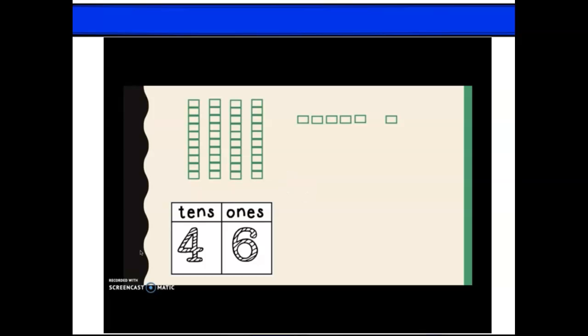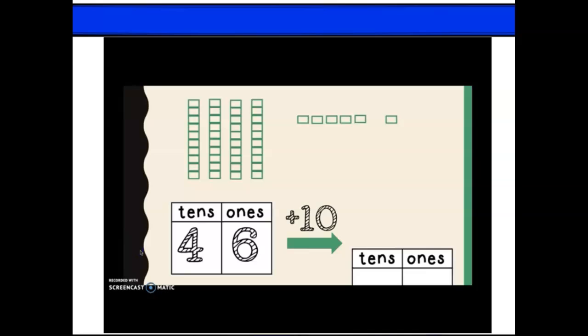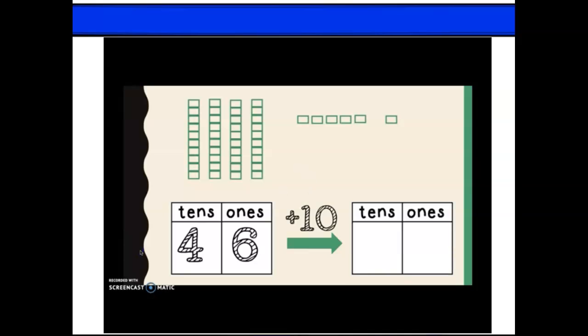Now we've been adding 1 more. This time we're going to get a little wild and we're going to add 10 more. Ooh. There's my empty place value map. Let's see if I have that good picture to help me out, and I'm going to add 10 more. What number would go into my new place value map?